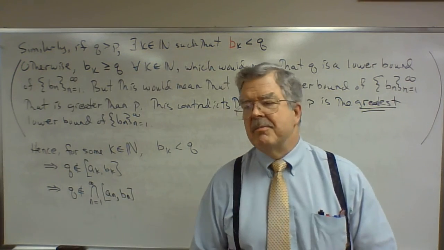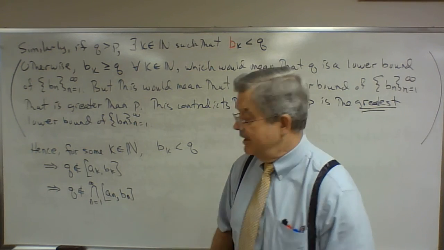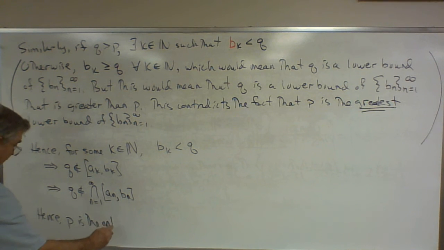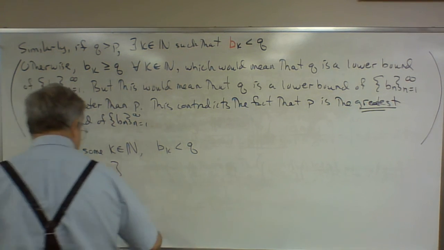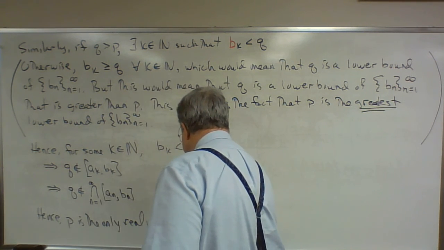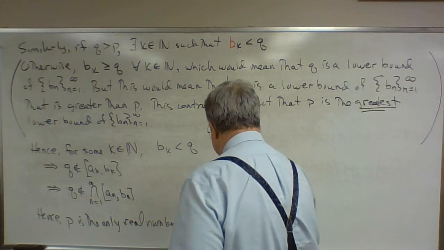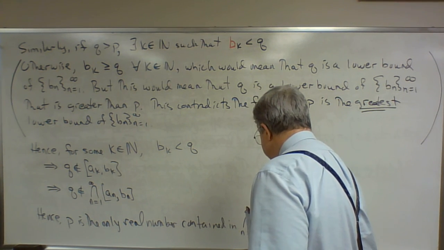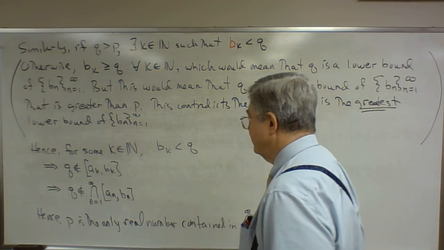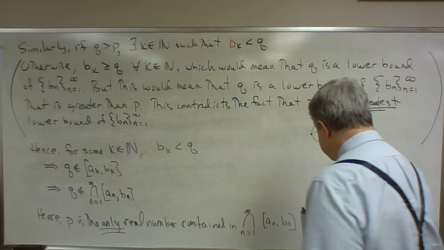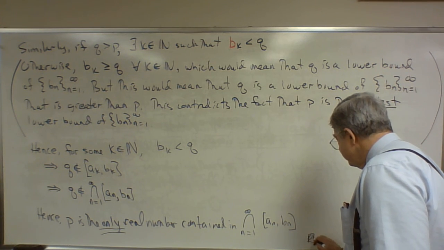So the only real number that can possibly be in this intersection is P. And that means that P is unique. So that finishes our proof.